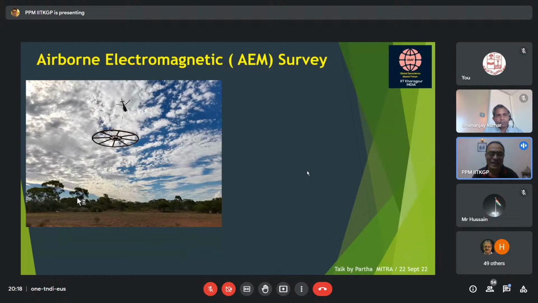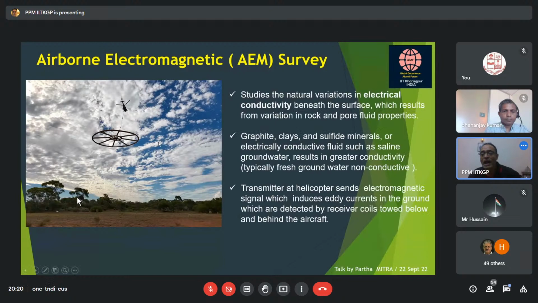Now, how do we carry this out? Very, very interesting. You see that you have a helicopter here, where you have a transmitter and a receiver coil. This transmitter sends an electromagnetic signal, and this electromagnetic signal induces an eddy current. This eddy current is generated by a magnetic field, the current which gets generated with a magnetic field, as you all know.